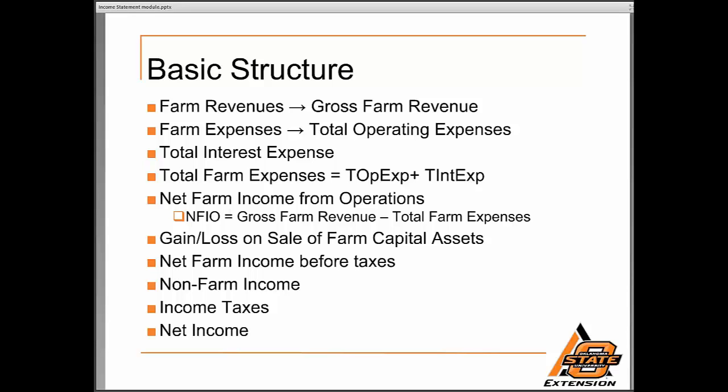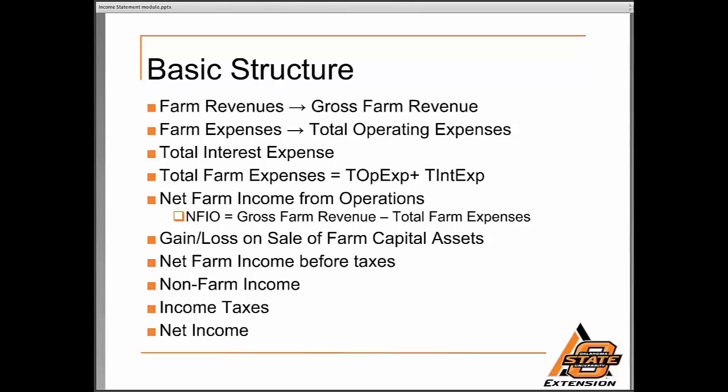4 main components comprise an accrual-adjusted farm income statement. Those are accrual-adjusted farm revenues, accrual-adjusted farm expenses, non-farm adjustments, and income taxes.